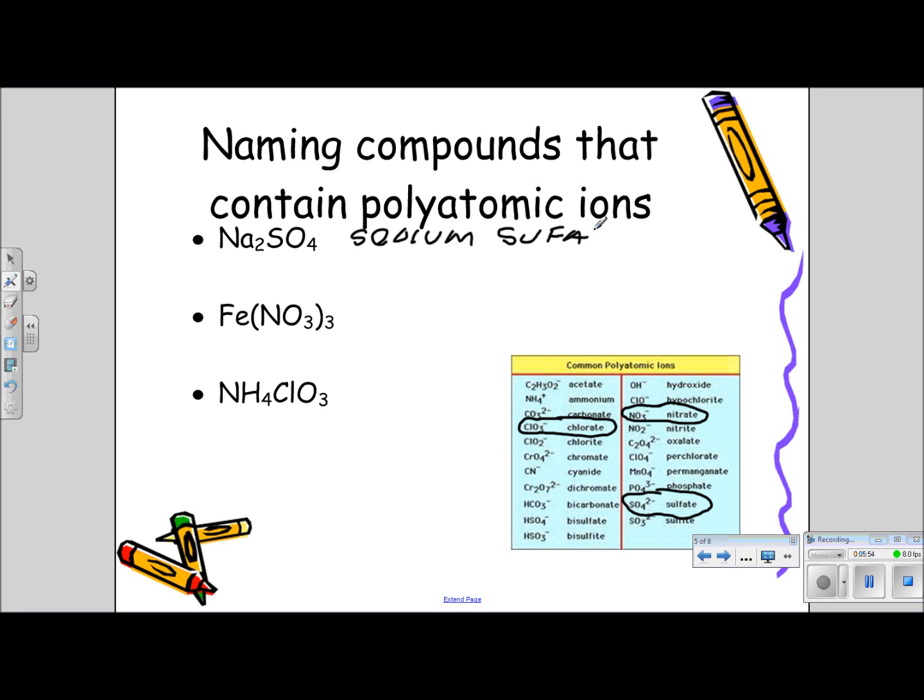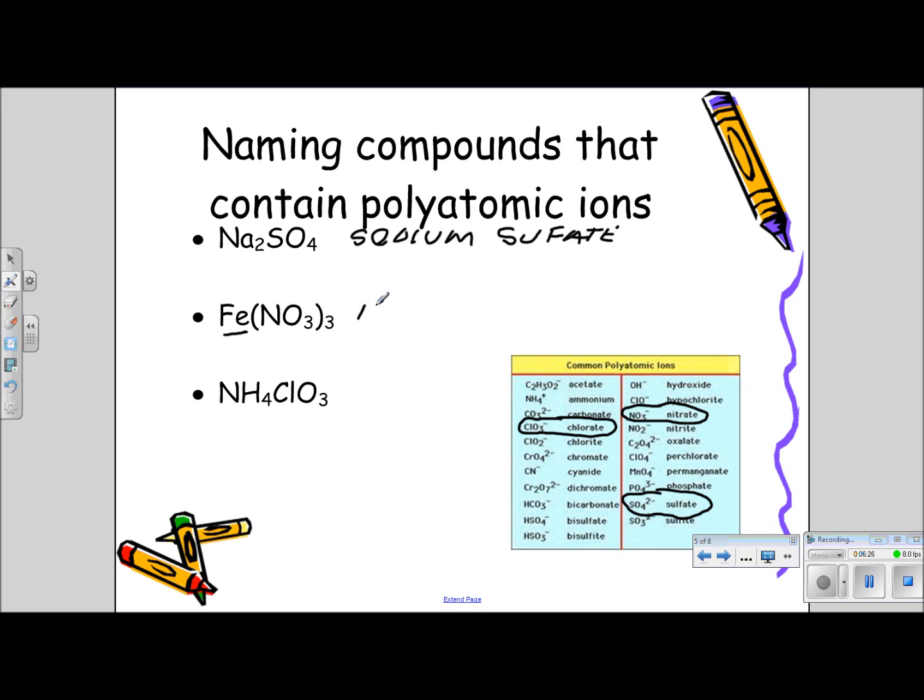All right, so now you try it. Try writing the name of this compound. I'll give you a minute. Remember, please first determine if this is a type 1 or a type 2 compound. Notice this is iron, so therefore this is a transition element, therefore it is a type 2.